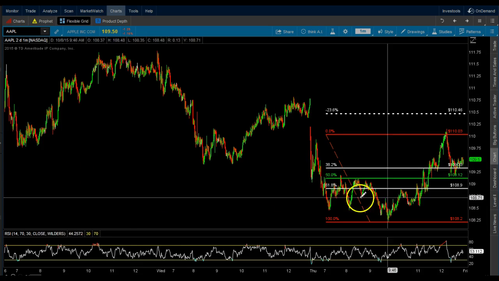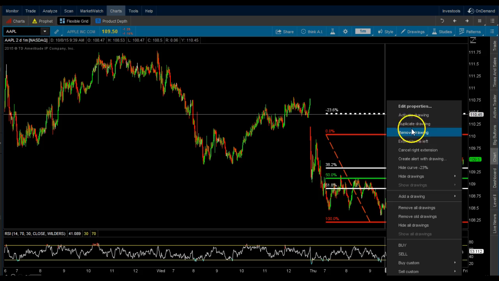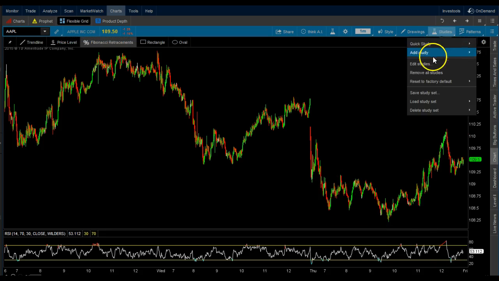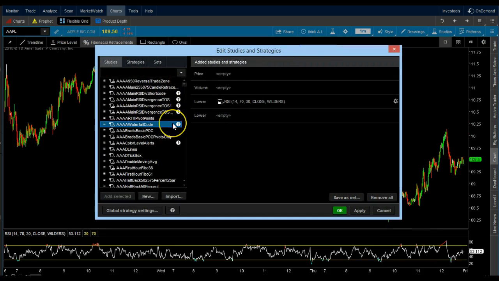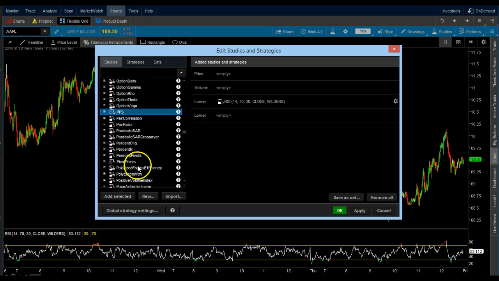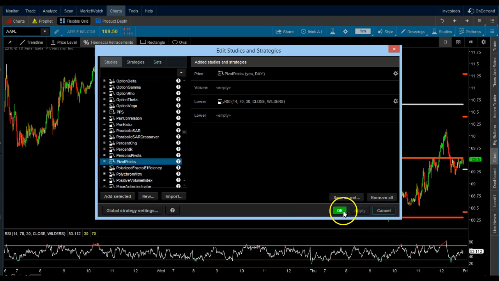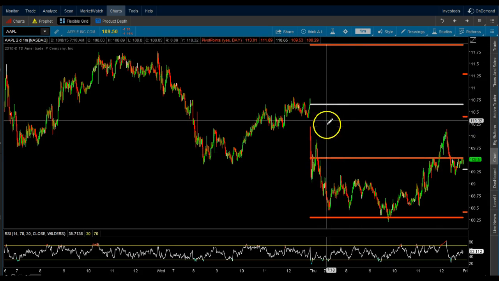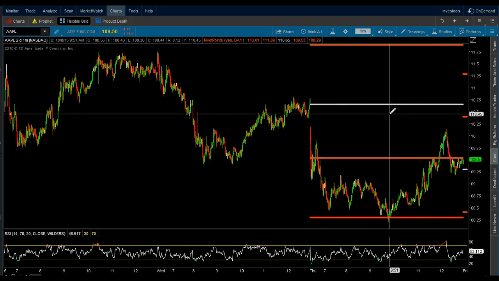Next up, we're going to talk about pivot points. Okay, pivot points, and let's add pivot points right here. Okay, and these are just levels based off the previous day's high, low, and close.